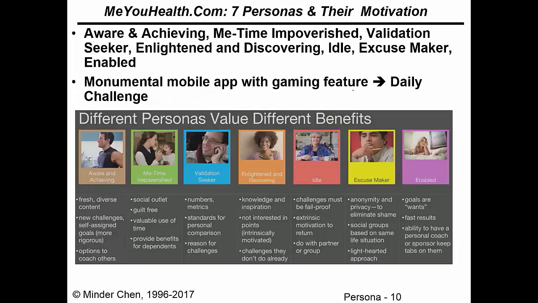Let's look quickly at a real case, and a few personas based on this case.